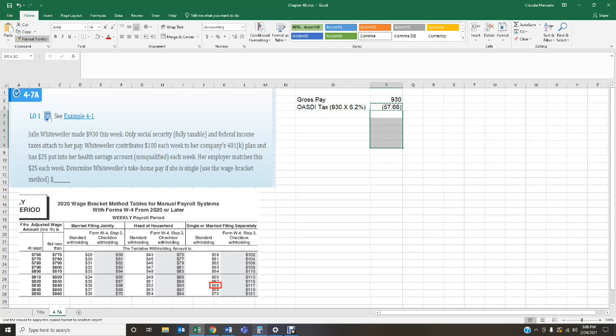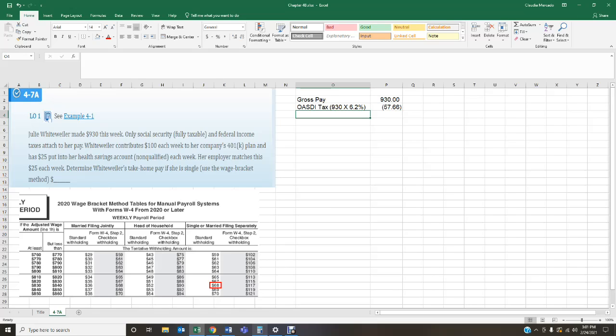Make sure that you are careful because a lot of the times this is something very simple and students keep on entering the numbers and they keep on counting it wrong just because you're missing that parentheses, okay? So these are deductions. I'm going to take away, okay? So it says only Social Security is fully taxable and federal income tax attached.